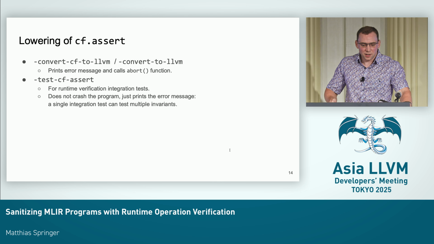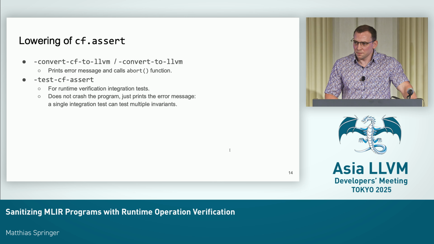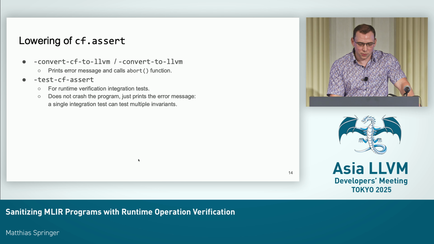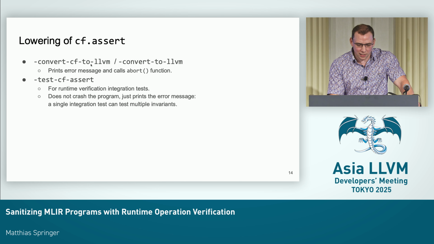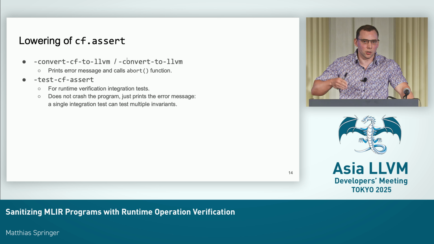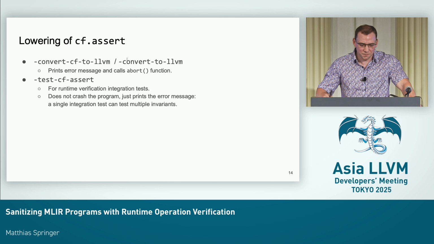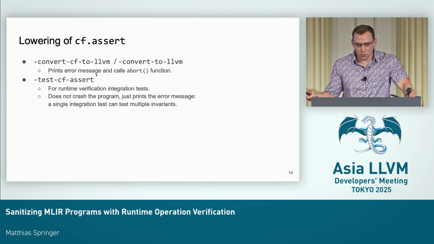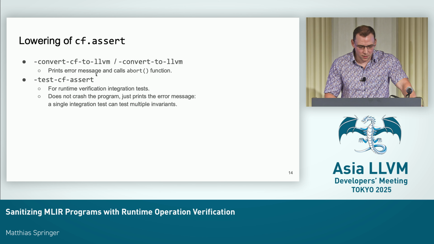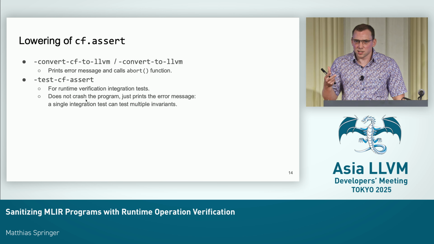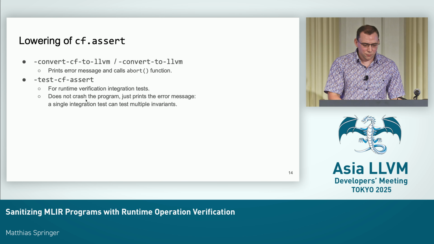So what we end up with now is a cf.assert operation, and there are two ways to lower that operation. The default way is to use the convert control flow to LLVM pass, or the convert to LLVM pass, which is kind of a catch-all pass that lowers all operations to LLVM if possible. That will basically check the assertion, and if it fails, it prints an error message and then aborts the program. If you write an integration test, or if you want to test the runtime verification itself, there's a different way to lower it.